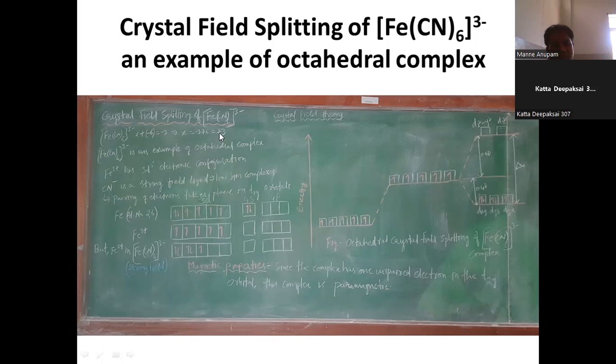So [Fe(CN)6]3- is an example of an octahedral complex, and Fe has a +3 charge. The atomic number of iron gives 3d6, 4s2, 4p0, and Fe3+ means 3 electrons are going out from iron, 2 electrons from 4s and 1 electron from 3d.